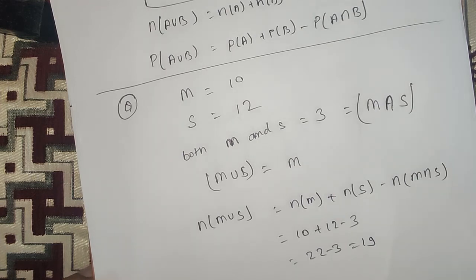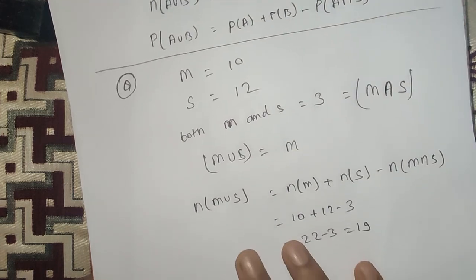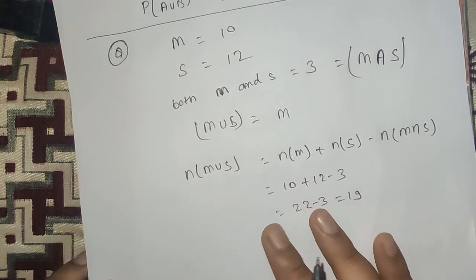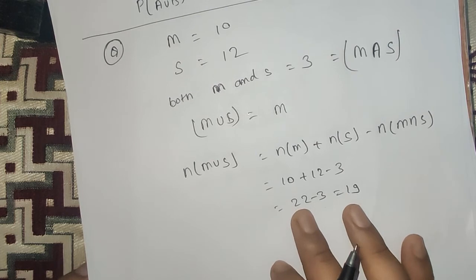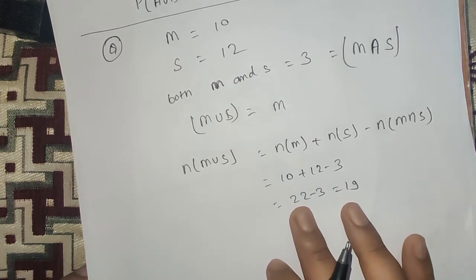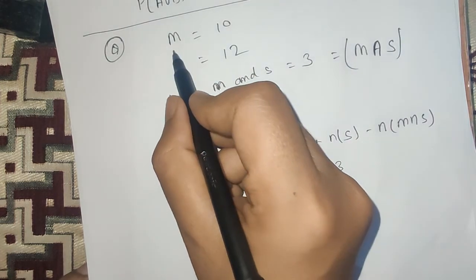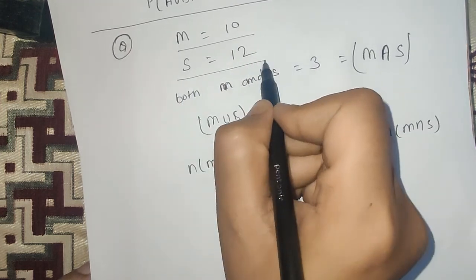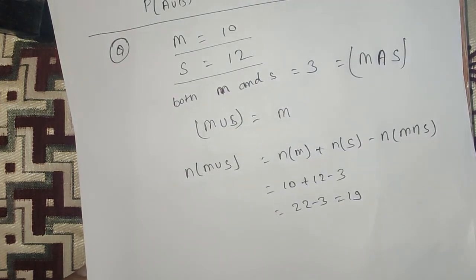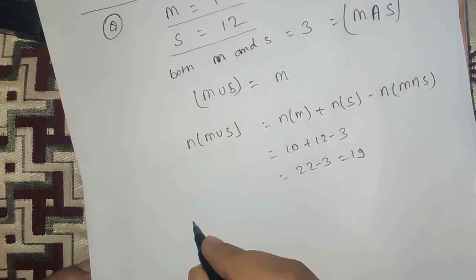There will be lots of questions based on this. There is another question: the total number of students who study only math. This is the number of students who study math, and this is the number who study science, but now only math.